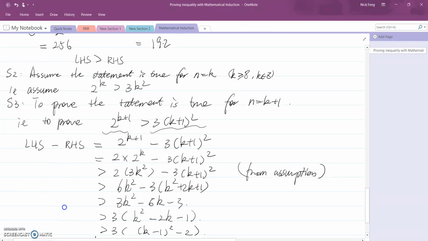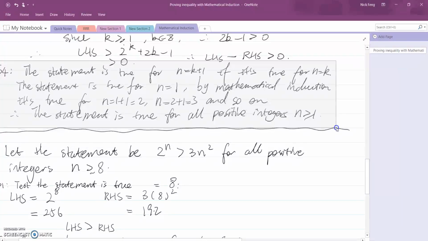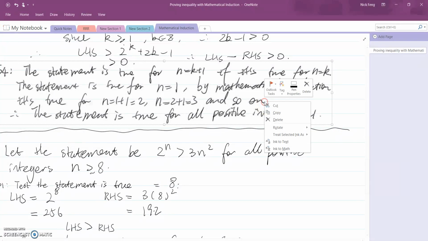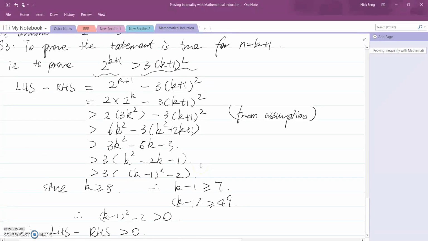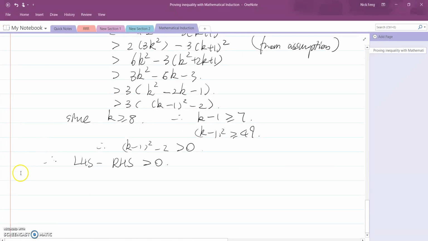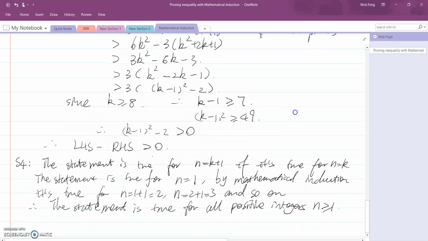So, now I'm going to copy step 4. And you girls cannot be lazy, you need to write it. Oops, it's like this. Oh, doesn't matter.